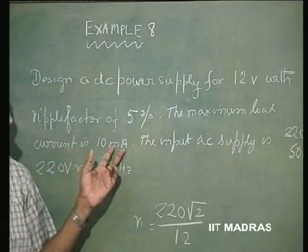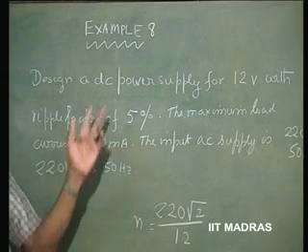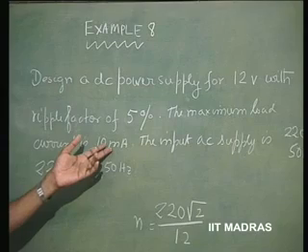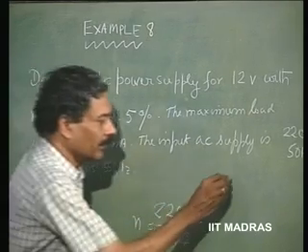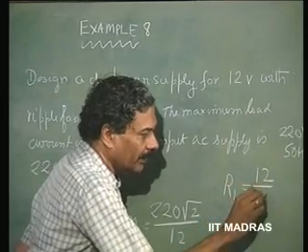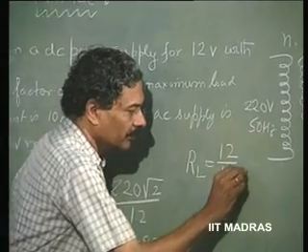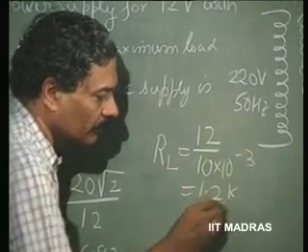This also I have discussed, that we design for the worst case situation where the power supply is going to deliver the maximum current, given as 10 milliampere, or equivalently the load RL is 12 volts DC divided by 10 milliamperes, which is 1.2 kilo ohms.